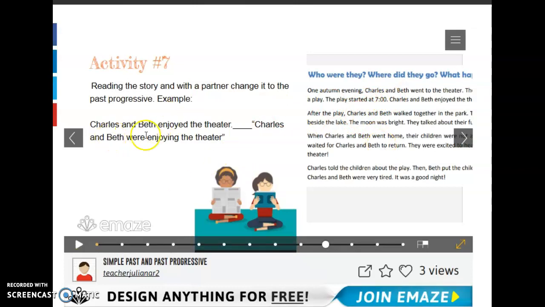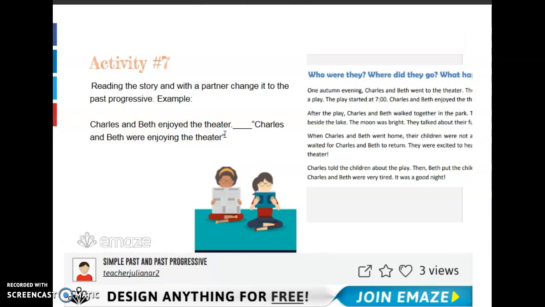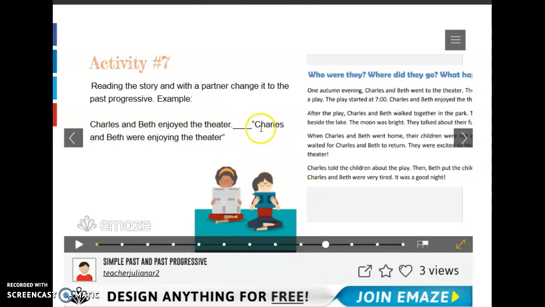For example, there is this sentence: Charles and Beth enjoyed the theater. This sentence is in simple past, and the students change it to past progressive: Charles and Beth were enjoying the theater.